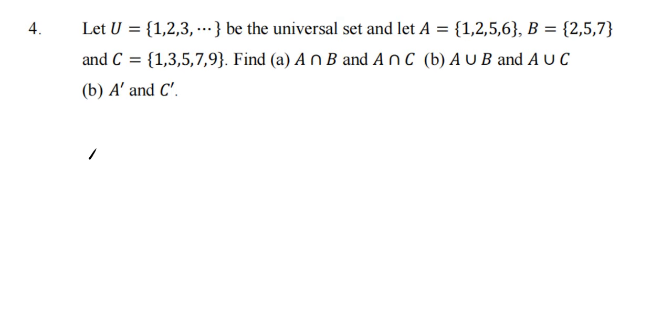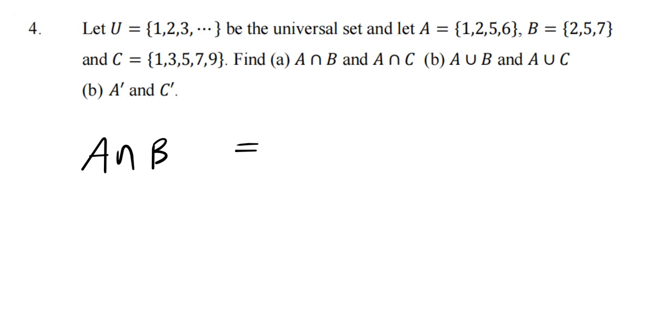So we have A intersection B. How are we going to solve this one? What is A, and what is found in B? What is just common between the two sets? In A we have 1, in B we don't have 1, so 1 doesn't apply.